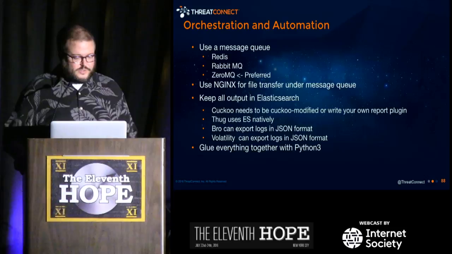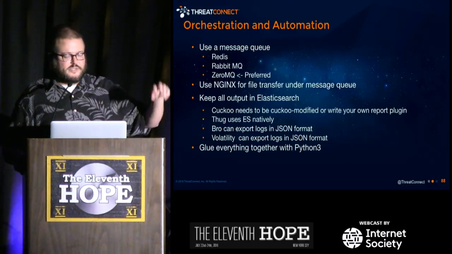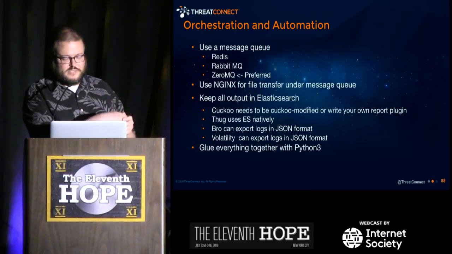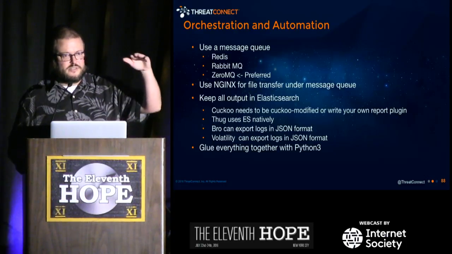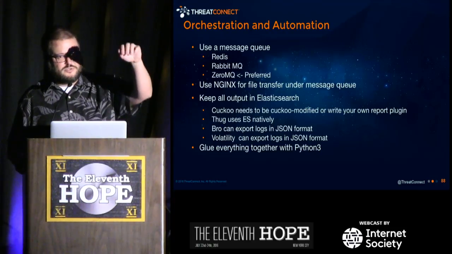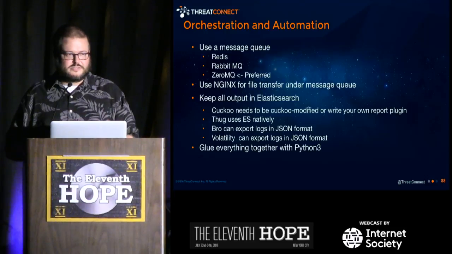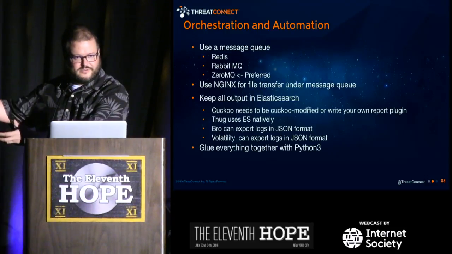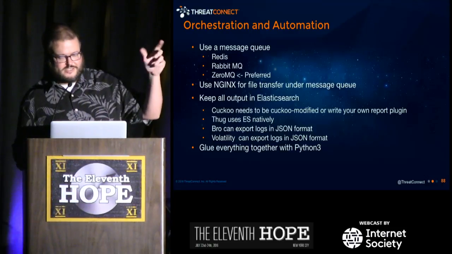Don't do that. What you should do is dump the files to Nginx and serve them out using that web server, and then just use the message queue to send the location to the next tool so that it downloads the file itself from Nginx. Nginx is built better for serving files; 0MQ is built better for serving small text strings.